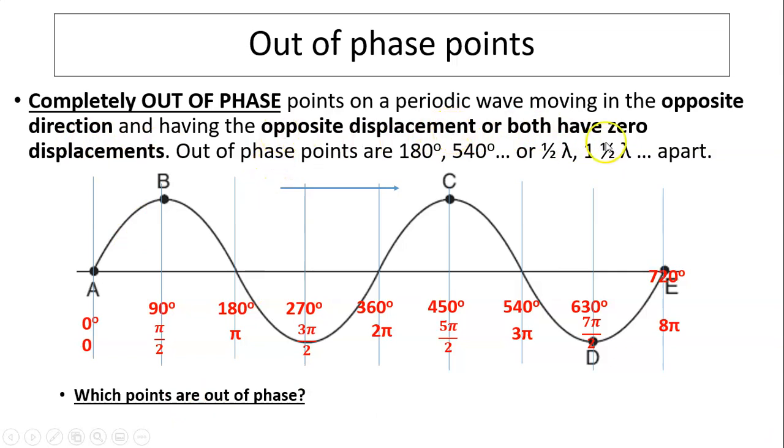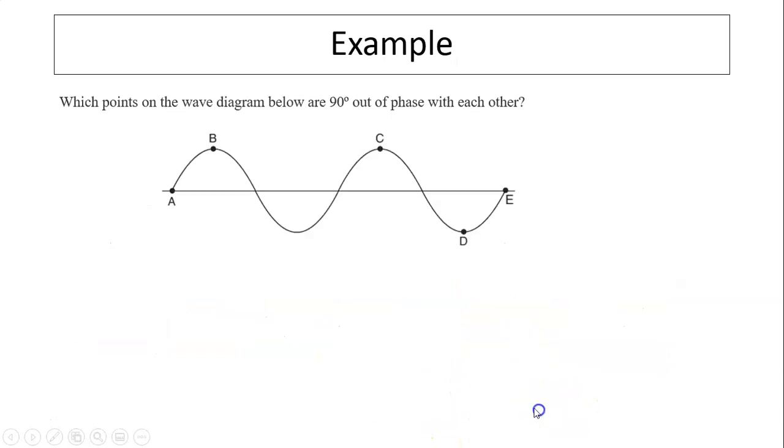For example, in this same wave, which points are out of phase? Out of phase in this case is C and D. Those points are half a wavelength apart. One is moving downward, the other one is moving upward. So they are totally opposite.